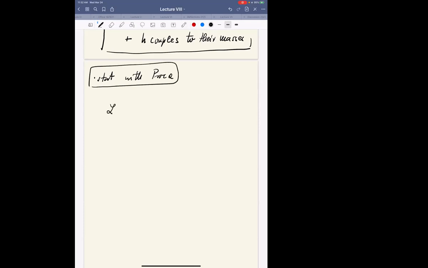I started with Proca, and I say the Lagrangian is this, and then I added a mass term. I know how to work with Proca theory. And of course, if there are fermions, I know how they couple. I had a complete theory.